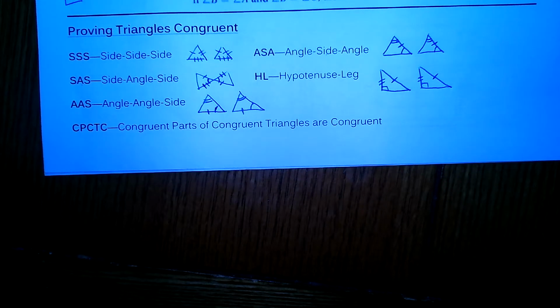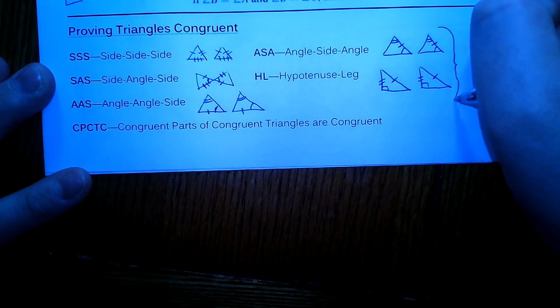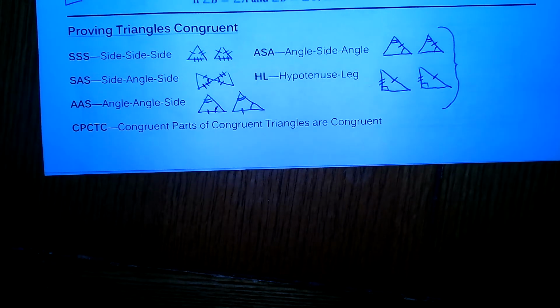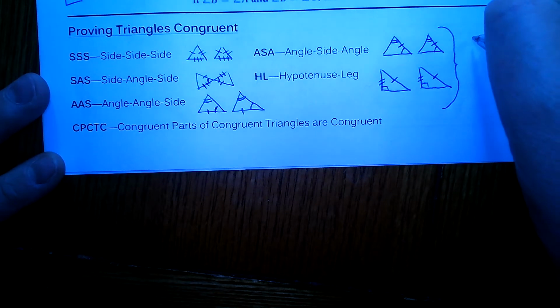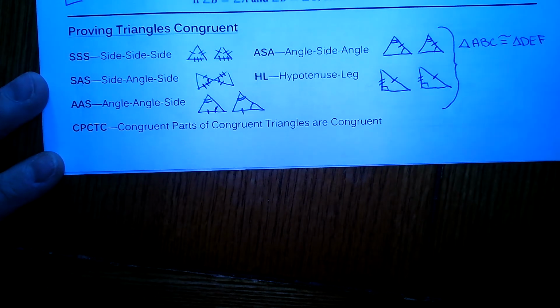All right, now that was a super speedy review, but you've been studying that all along, so I think you're good to go there. The main thing I want to say about this is these are always, always, always your 5 options when you are trying to prove triangles congruent. So maybe you have a situation where it says triangle ABC is congruent to triangle DEF, and that's what you're trying to prove.